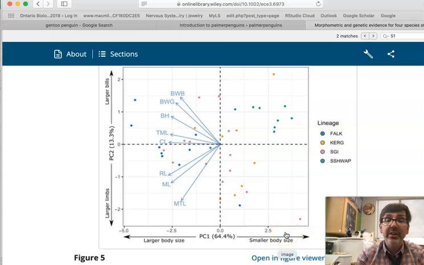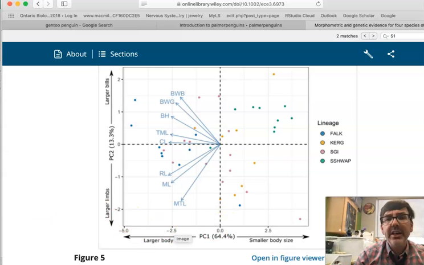So we can reinterpret and put context onto principal component 1 by thinking about the relationship between the original variables and the principal components. In this case, principal component 1 is really just capturing size of the penguins.